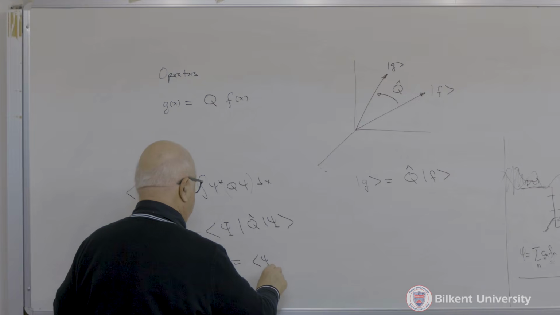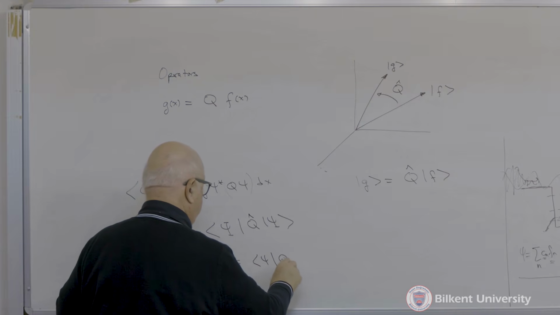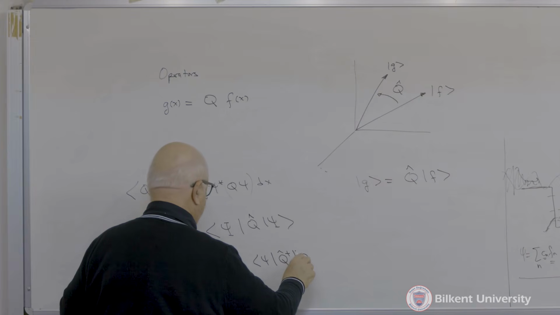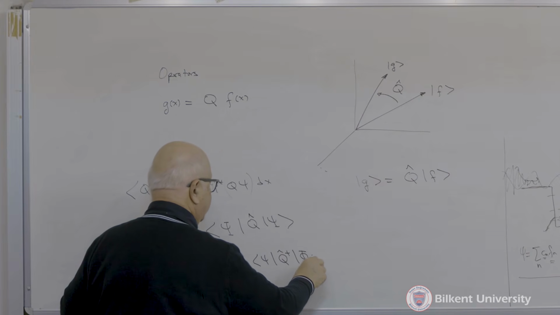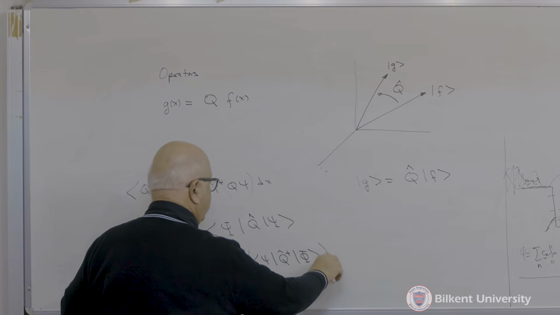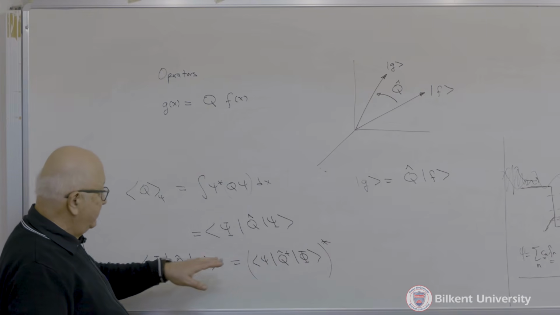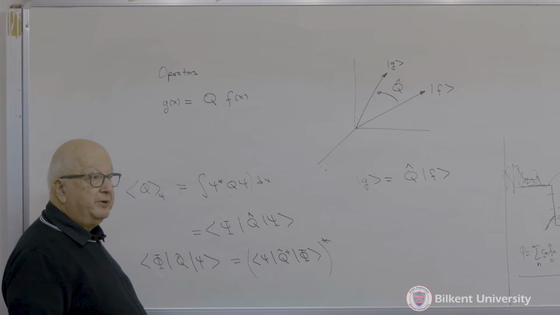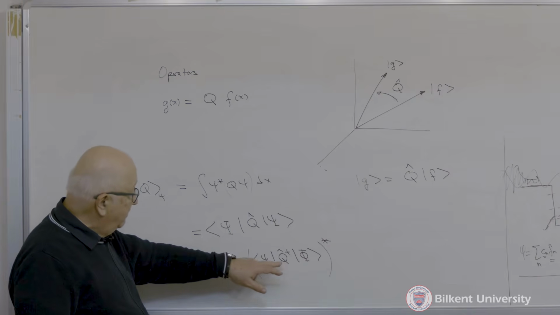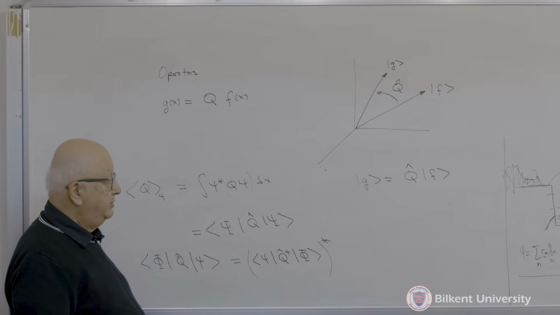The inner product of psi, Q dagger, this is the adjoint, phi. I'm going to get a result out of that, but I have to evaluate a complex conjugate. So this is now going to be my expression for the Hermitian adjoint of this object.